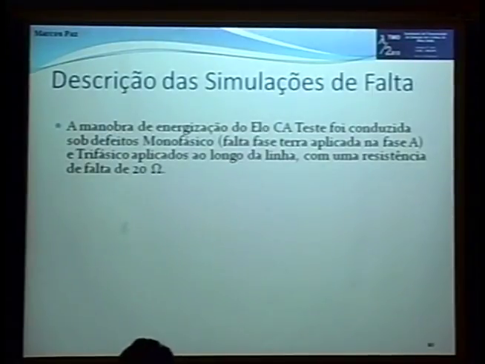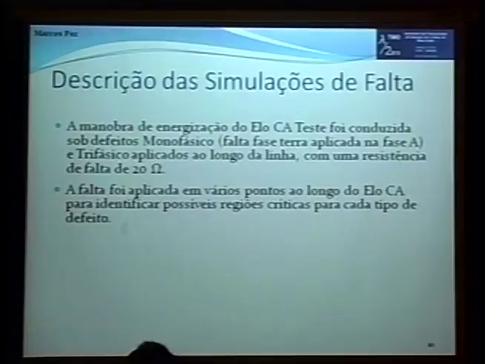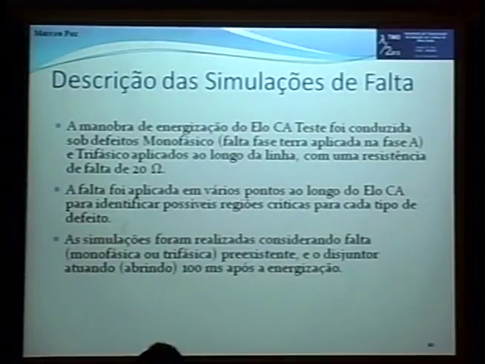The faults were simulated considering single-phase or three-phase faults applied throughout the line and considering a fault resistance of 20 ohms. The faults were applied at several points so we could determine the critical points for each type of defect simulated.